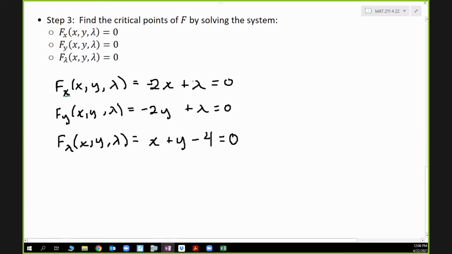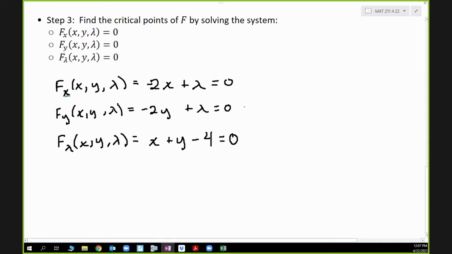So we'll notice that in our first two equations for this problem, we have just the variable that we were doing the partial derivative with respect to and the lambda. So we have x and lambda in our first equation, y and lambda in our second equation. And in this third equation, we have x and y.